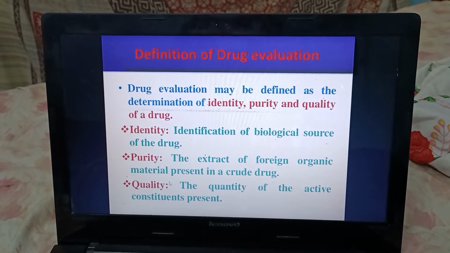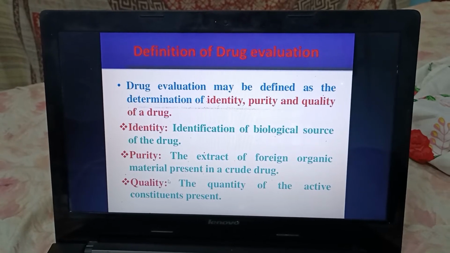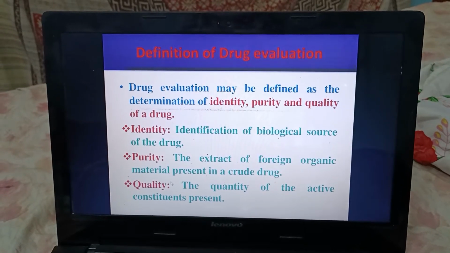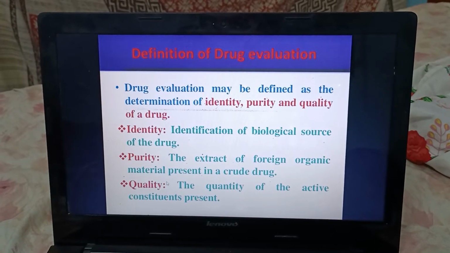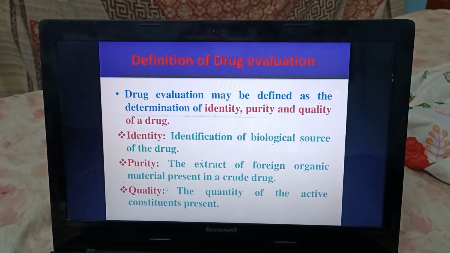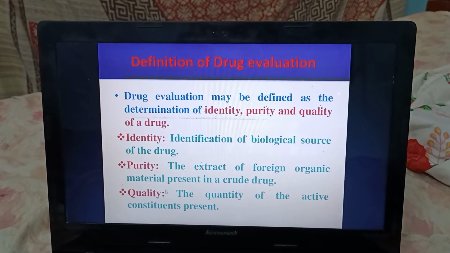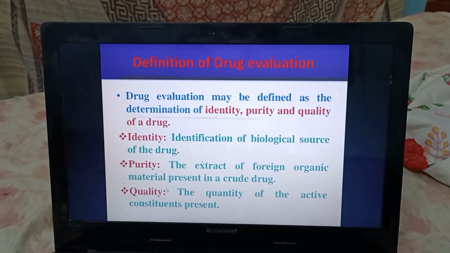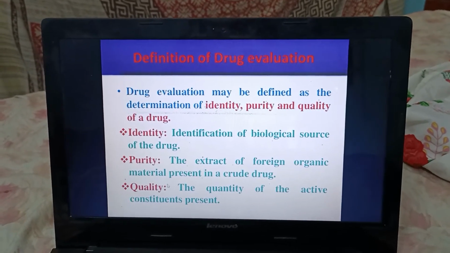So how are we using the term, this is the drug? After passing these categories, which are identity, purity and quality, once we produce a crude drug, we need to pass these categories, and only then may we call it a drug.